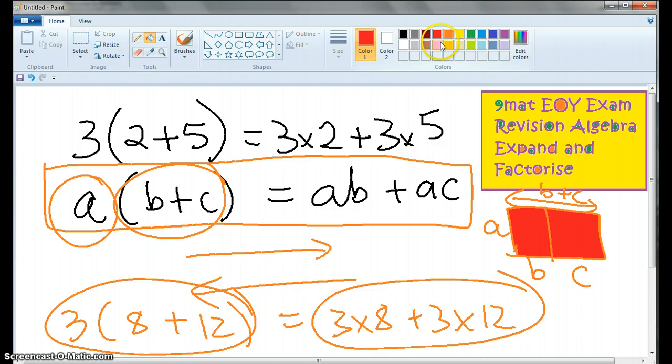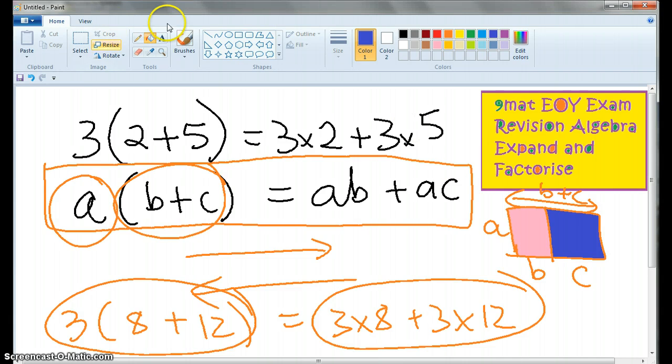Or I could work out A times B, and A times C, and then add them together, but it won't change that area. So you can think of it as generalised number, as a measurement thing, but you can also think of it as the distributive law that I'm applying.